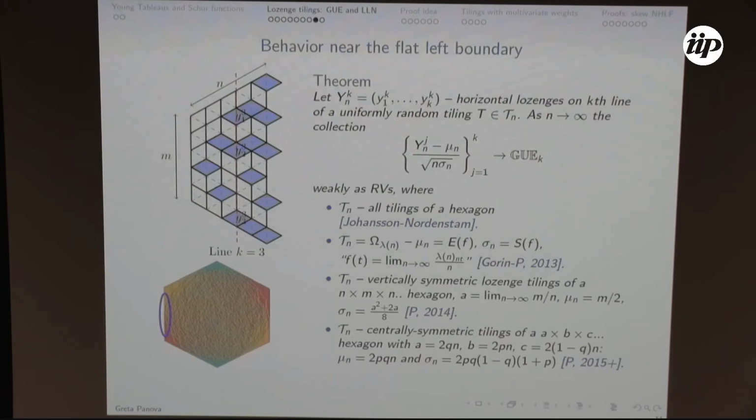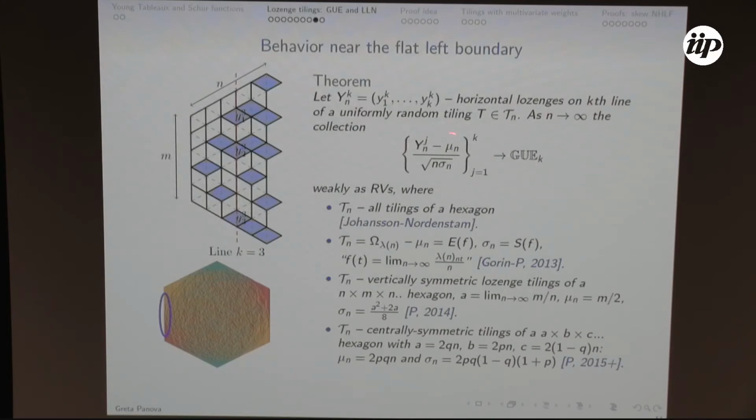As I said earlier, these are going to be interlacing arrays of numbers. And now we subtract a mu n, which is a mean that will depend on the boundary conditions, and we normalize proportional to the square root of n. So now this entire collection, this triangle of numbers for all the vertical lines, converges to this Gaussian unitary ensemble corners process, the eigenvalues of the random matrices as I described earlier.